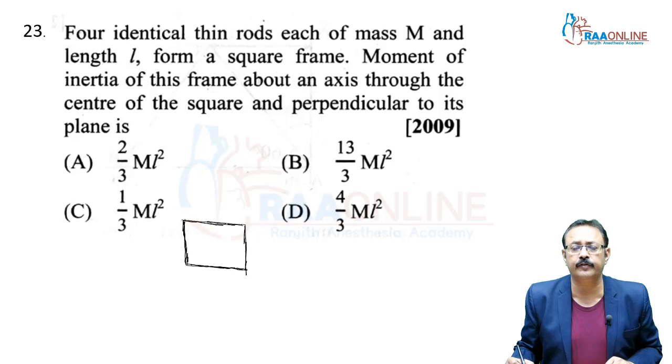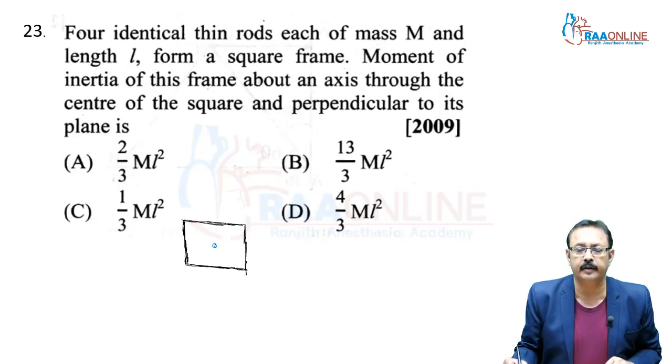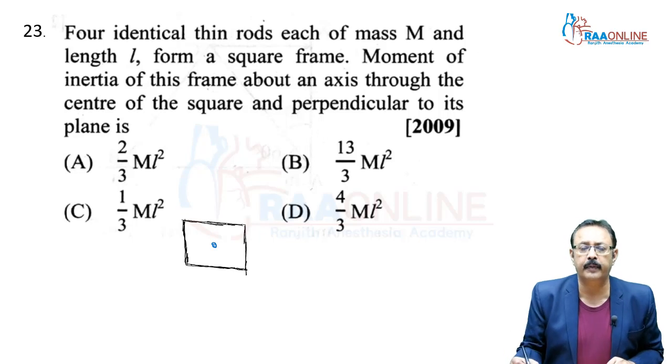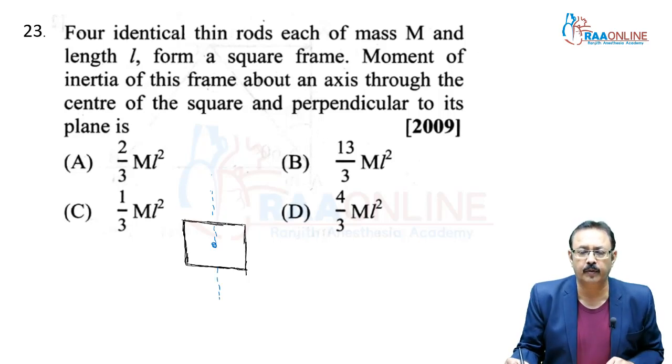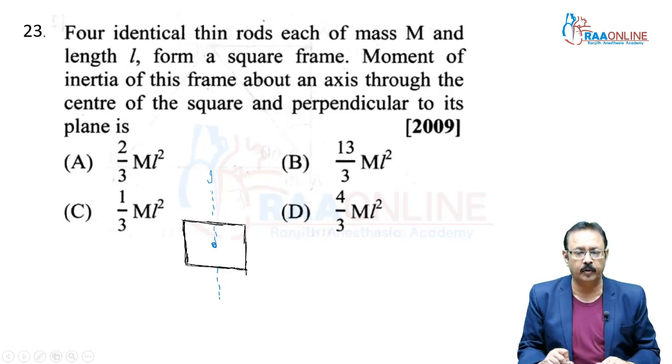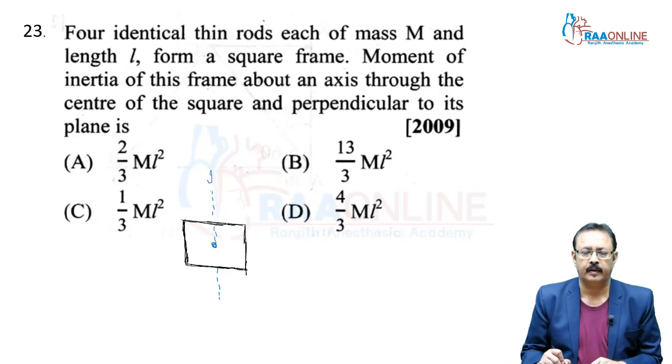Through the center of the square, it means it is passing through this point and perpendicular to the plane of the rods. It means about this axis. We want to calculate finally the moment of inertia about this axis.